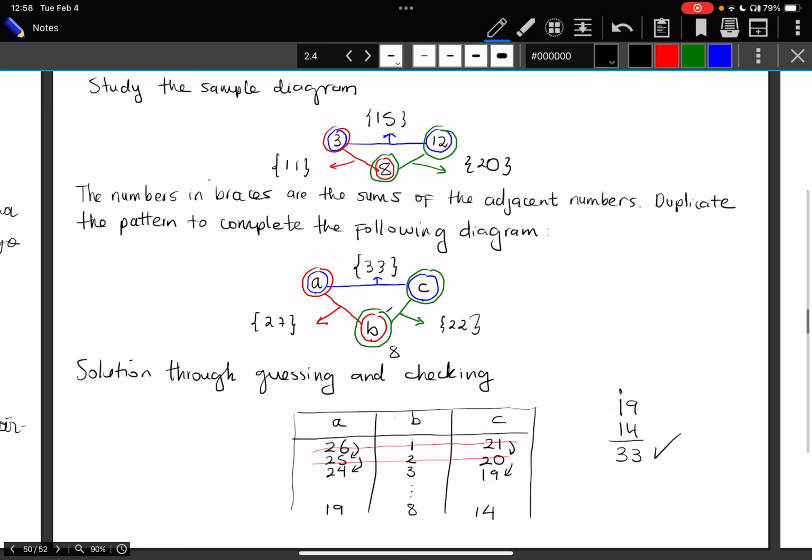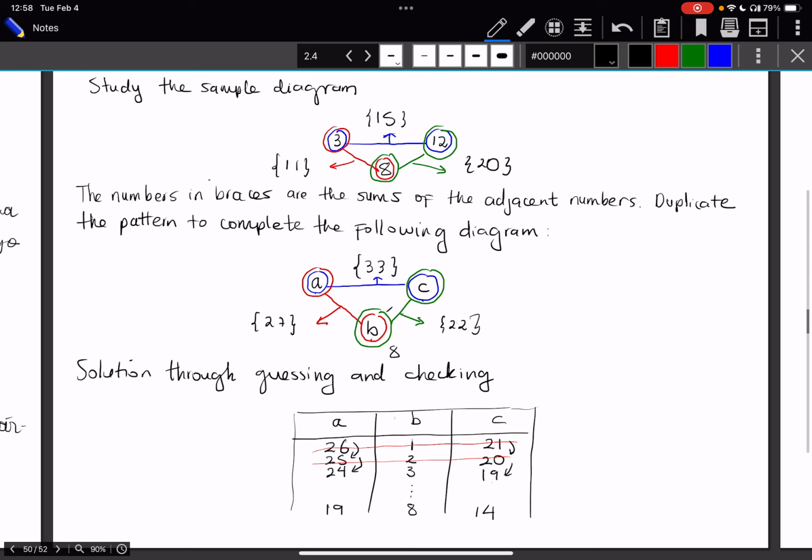All right. So by guessing and checking, we have found a solution to the problem. We have found a possible configuration that follows the rule, the same pattern that the diagram here follows.